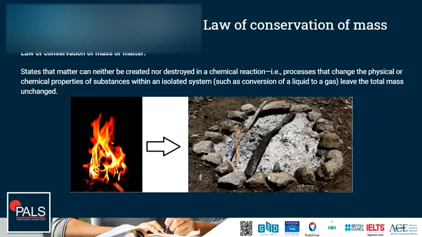So in case of the fire, we do not have a closed system. This is why there's less mass in the end than before. If we would burn everything in a closed system, we would catch all the carbon dioxide produced, catch all the water vapor produced. The mass before and after would be the same.